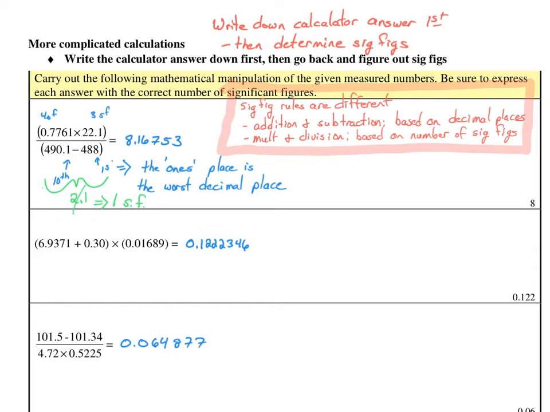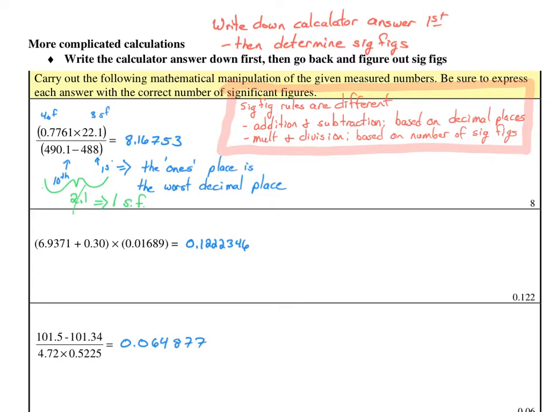If we look at the result here, 490.1 minus 488, the calculator answer is 2.1. Now, if we round this to the ones place, that means this whole denominator is going to be appropriately expressed in 1 sig fig. So we have a number with 4 sig figs multiplied by 3 sig figs.